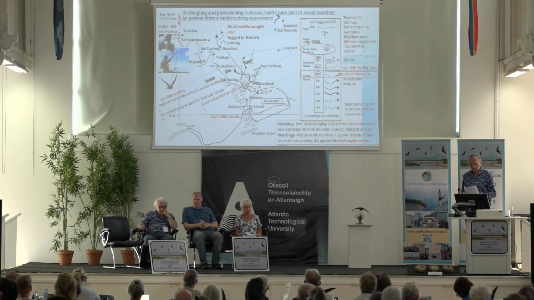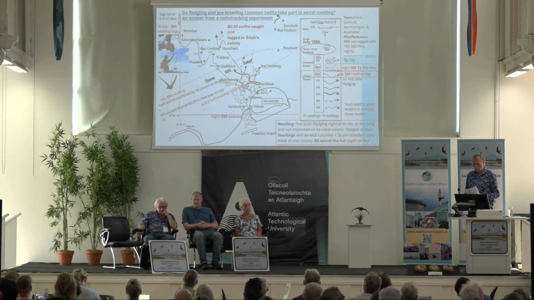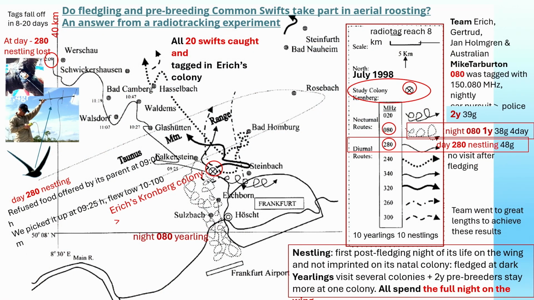In 1998, he did an experiment with 20 radio-tagged swifts, 10 nestlings and 10 yearlings, glued with a transmitter falling off in 2 weeks. He did it with Michael Taburton, an Australian researcher who tagged white-throated swifts in Australia, because he wanted an answer to the question if they remained roosting in the air.